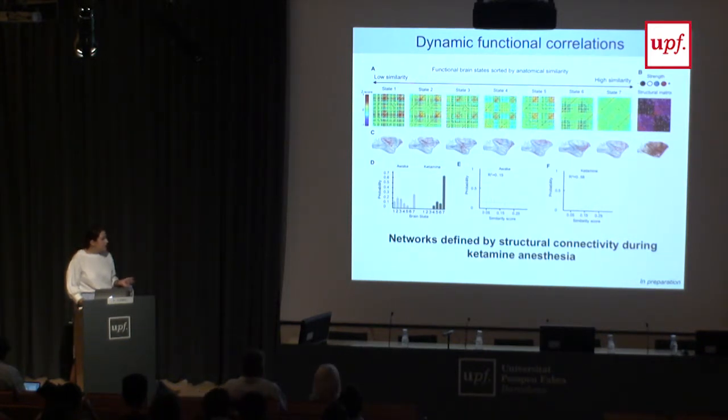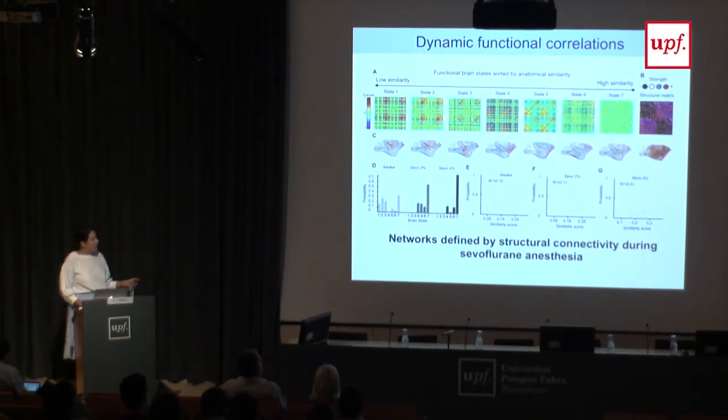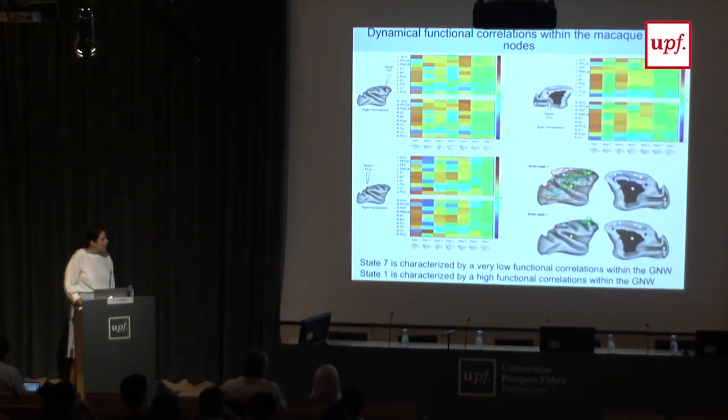And under anesthesia, the networks defined are the ones close to the underlying structural connectivity of the monkey. You see the same data for sevoflurane anesthesia. In the wake state, the 7 states are present, and when you lose consciousness, the 7 states go down to 3 or 4 states in the monkeys.